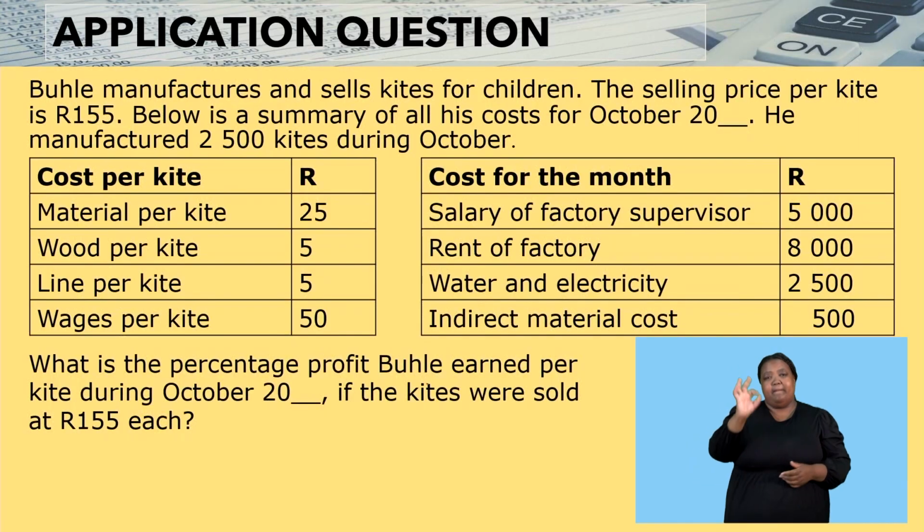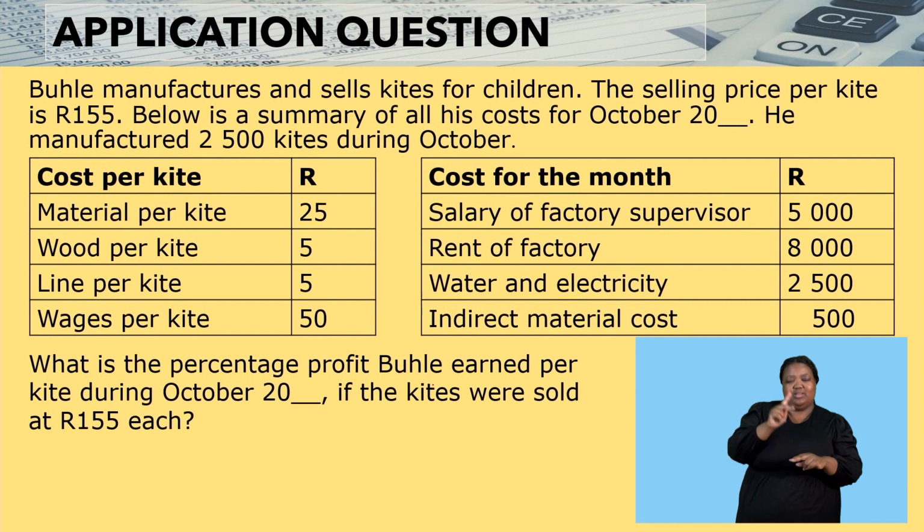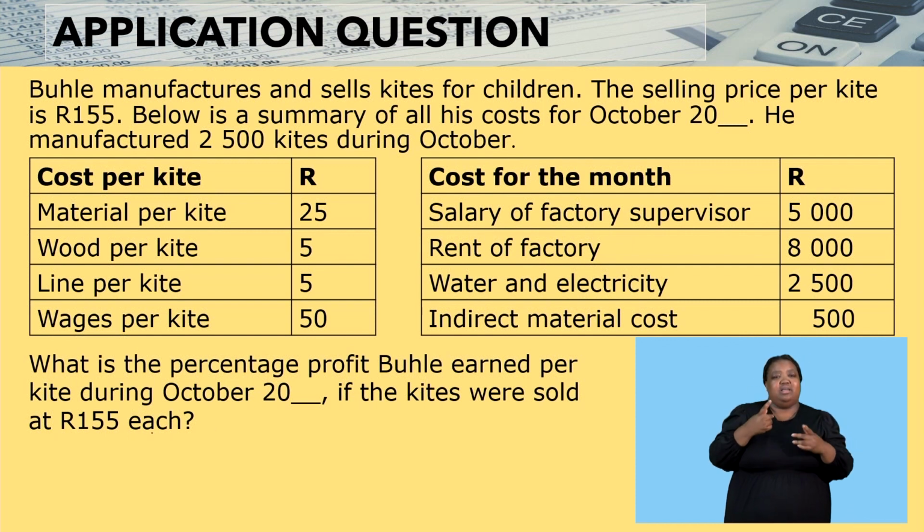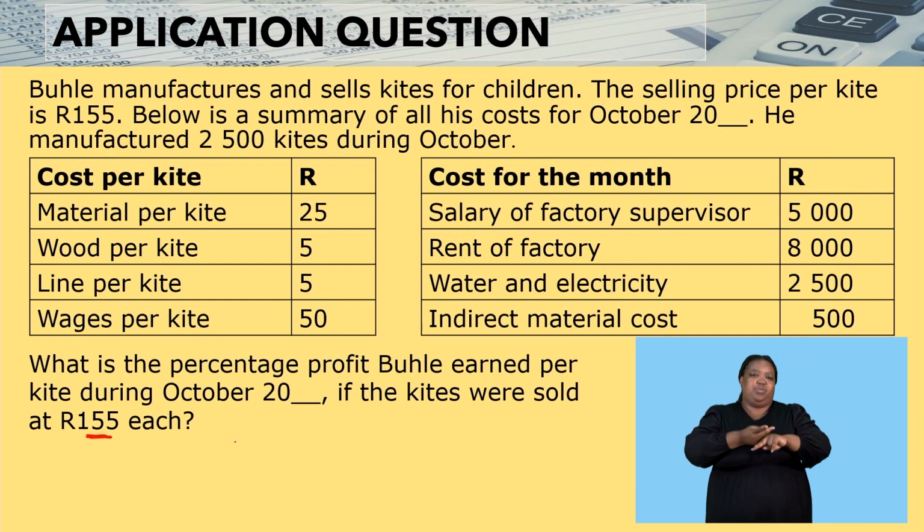The last question then reads, what is the percentage profit earned per kite in October if the kites were sold at 155 rand each? Okay, so we know that if we are to calculate percentage profit, we have to know what is the cost per kite and what price we have sold the kite at.